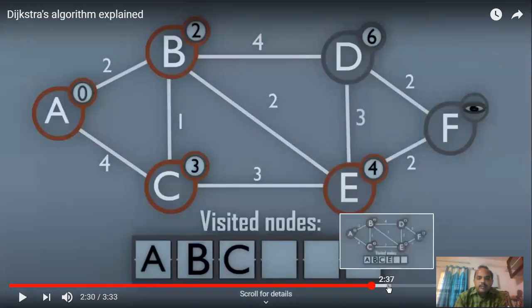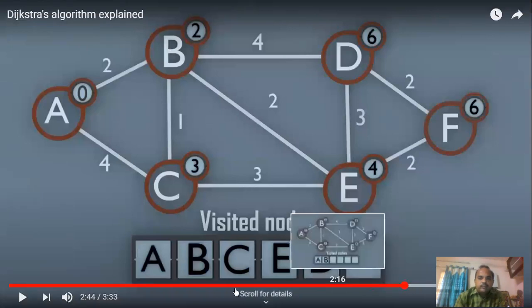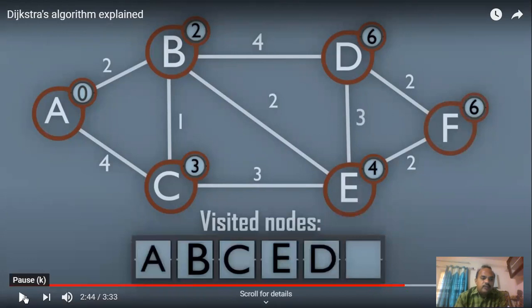I will explain. In this graph, we just set node F as visited. Now, when all of the nodes are visited in this graph, first, A is a node.